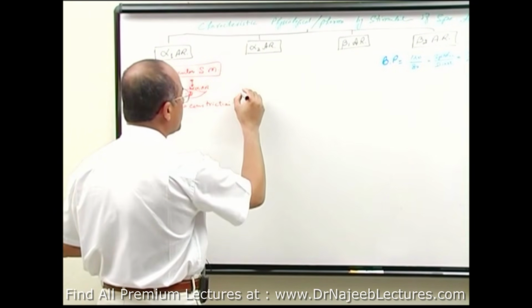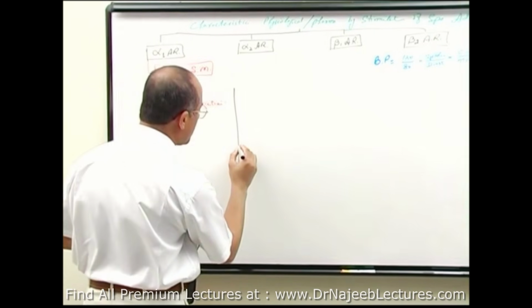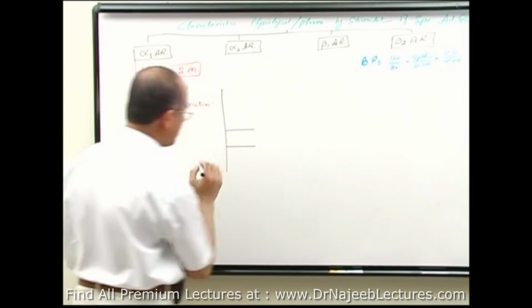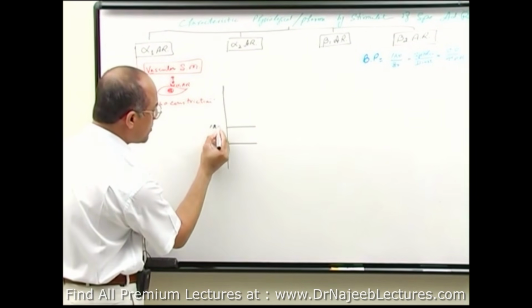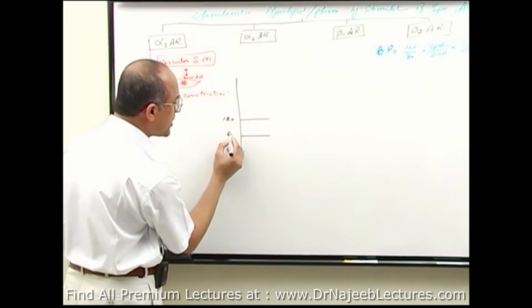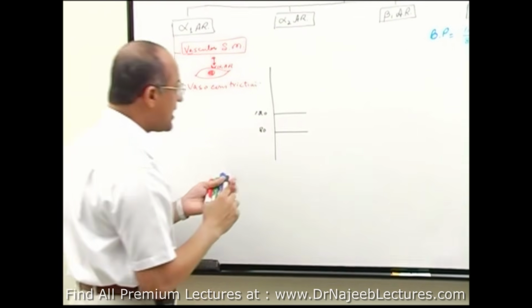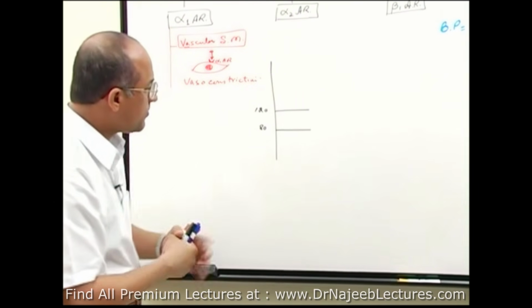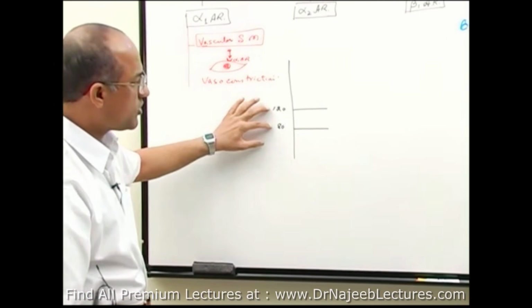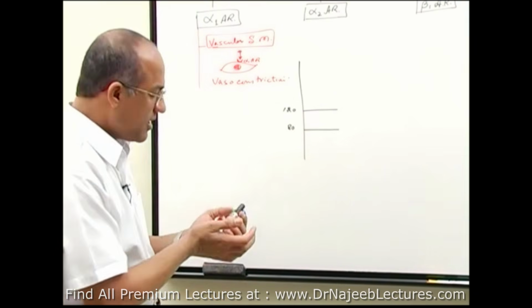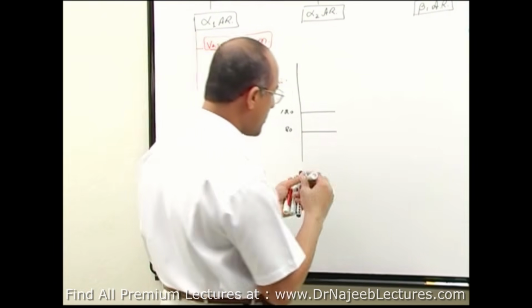Let's suppose this is the blood pressure of a gentleman. It's 120 millimeter of mercury systolic and 80 millimeter of mercury diastolic, right? So right now this is his blood pressure. I give a drug here.